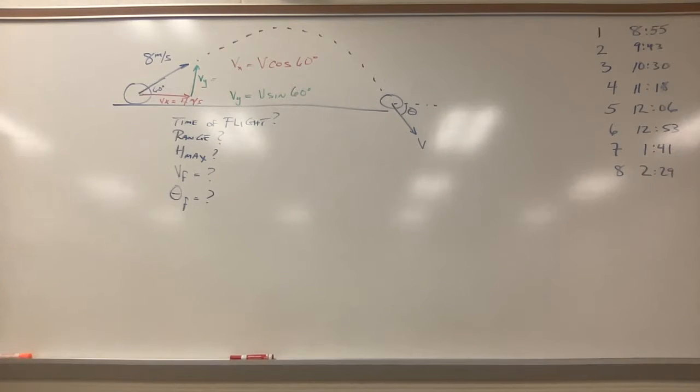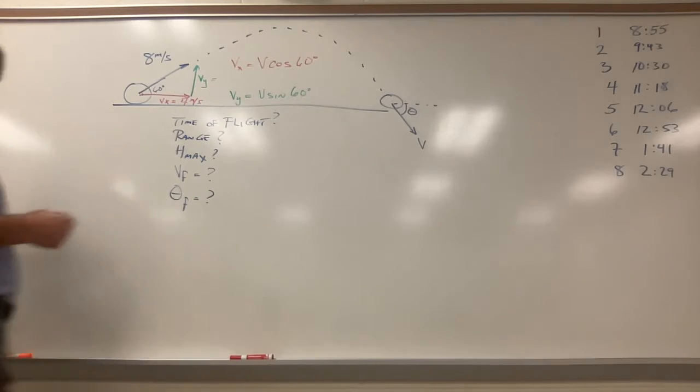No, the Vy does not turn out to be a nice number. Is it root 3 over 2? No, I think it's just root 3. So 8 cosine of 60, right.